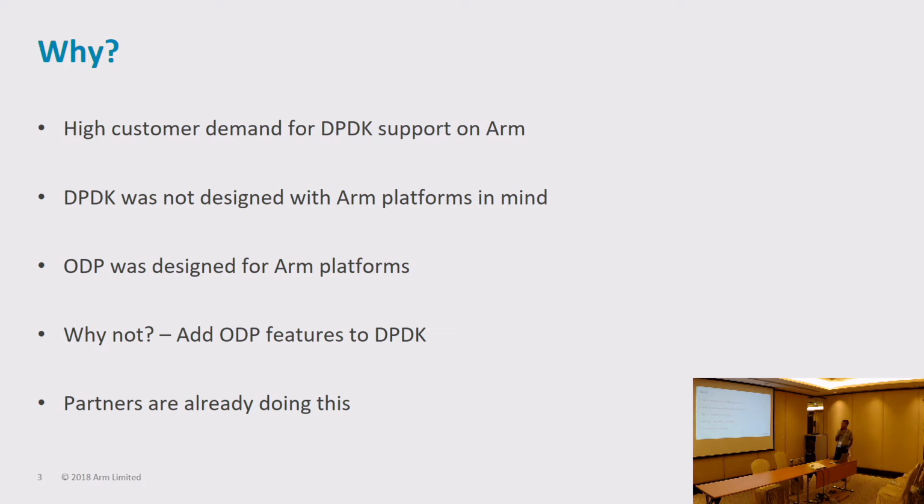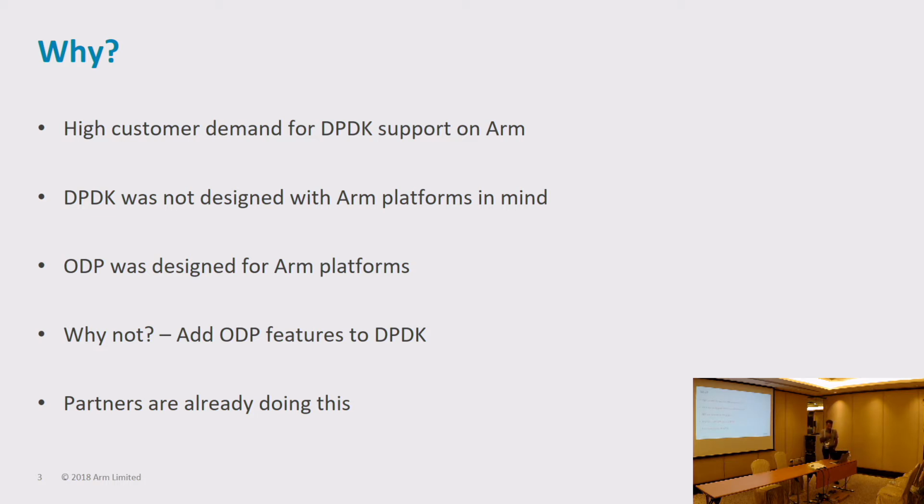Today, I see that our partners are already doing that. Our partners like Cavium and NXP are participating in the DPDK community, and they have taken some of these features, like the event-driven programming model and external memory pools to plug in hardware accelerators for memory pools, which are already in DPDK.